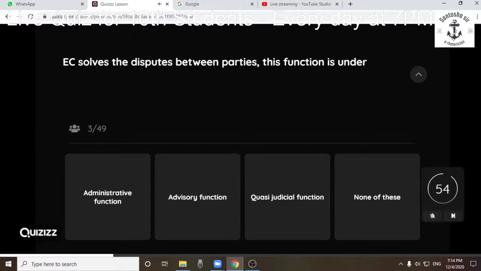EC solves the disputes between parties. This function is under which function?